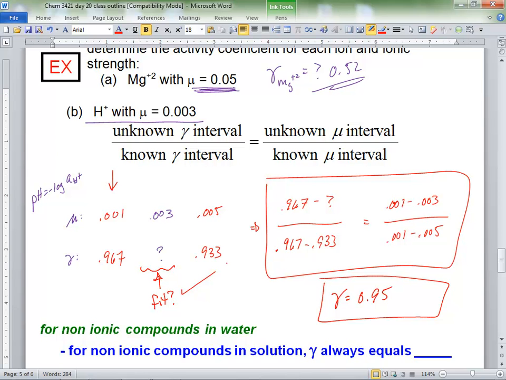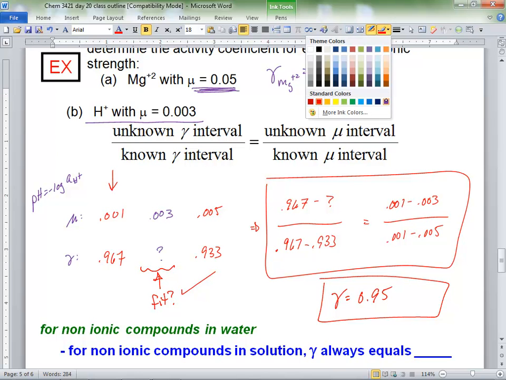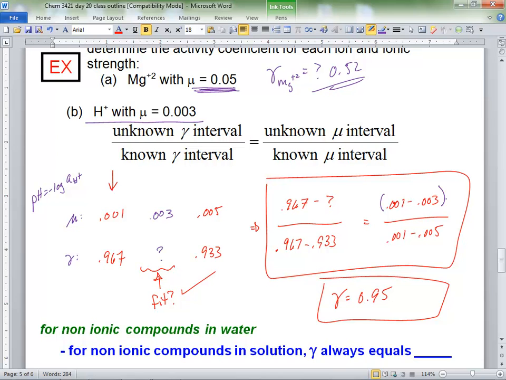If you got a positive number, you messed up somewhere. I guess I've gotten good at this because I've done it so often. I see an equation, I see where to start. The first thing I'm going to do is this part first, because I don't even need parentheses. I'll take 0.001 minus 0.003.